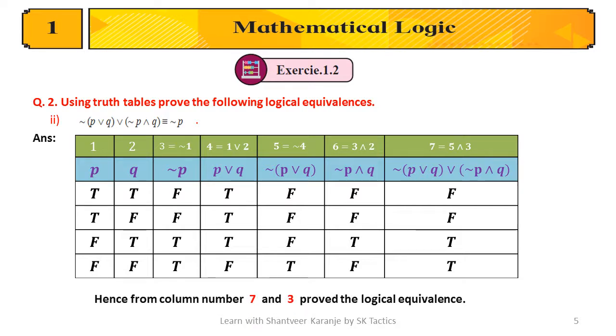So hence from columns 7 and 3, or you can write 3 and 7, proved the logical equivalence. Fine. Likewise, you need to solve all the remaining questions. I just showed you the answer, how to find it. So, next question.